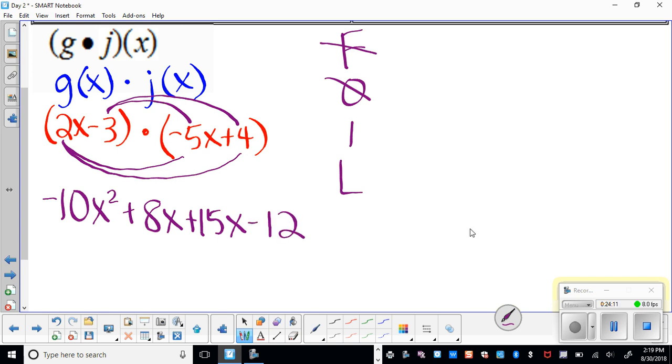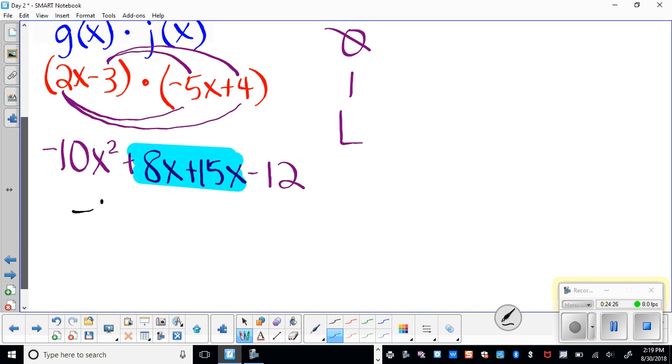From looking at this answer, do you see any like terms? 8x and 15x. Perfect. So let's clean it up a little bit. My answer is going to be negative 10x squared plus 23x minus 12.